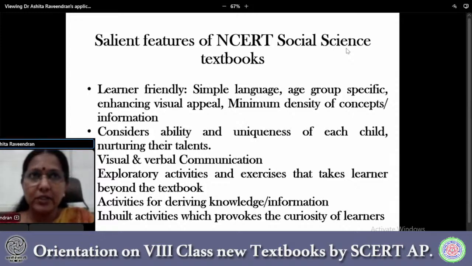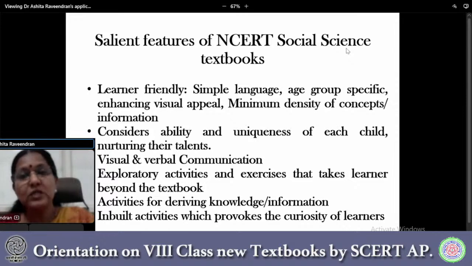For example, there are certain statements from the global scenario. The topic may speak about the Indian context, but what happens elsewhere is also given in the textbook as a box item. There is an activity to find out more about such activities going on in other parts of the world.